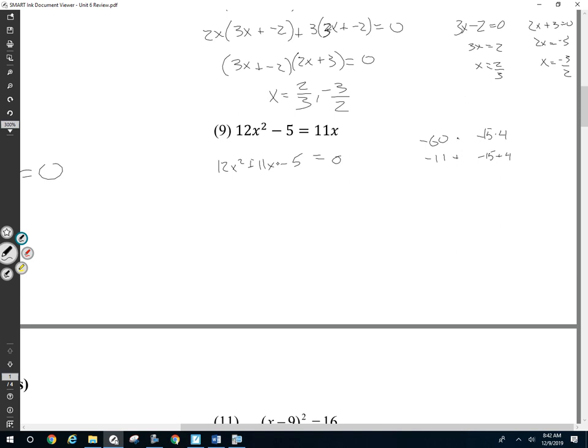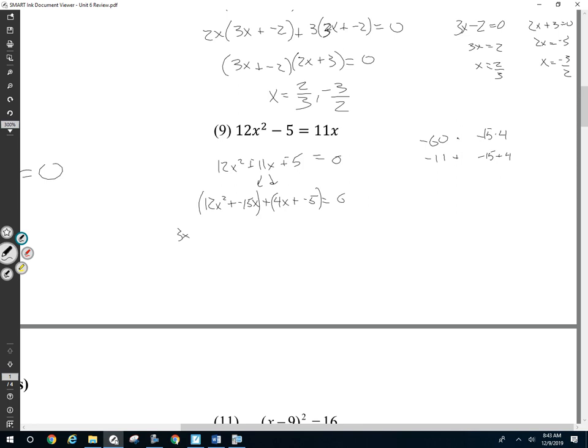Okay, now, I like using plus and negatives, so I advise you to do that. Negative 11x, you could change into negative 15x and positive 4x. We are ready to factor two groups of 2. This is factoring by grouping. What can you factor out of these first two terms?